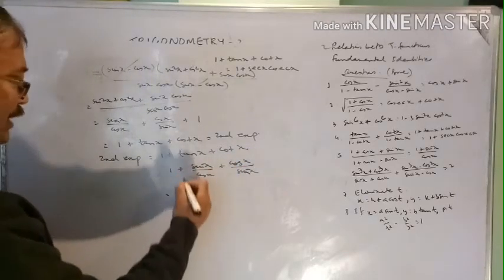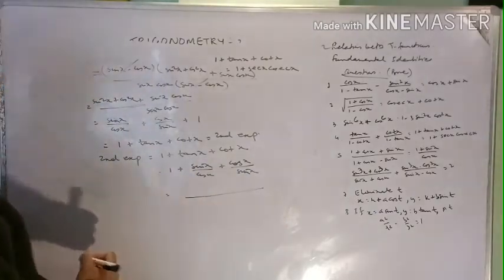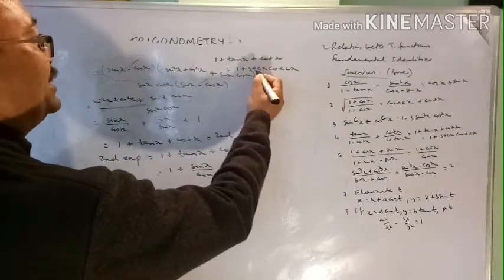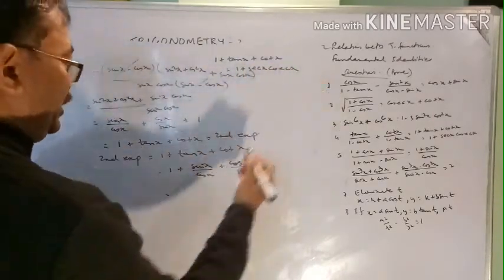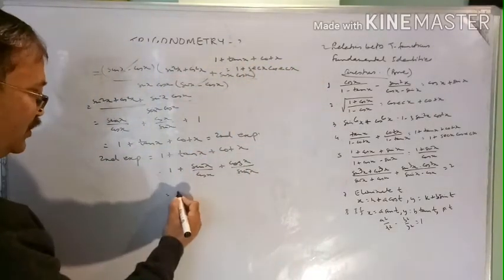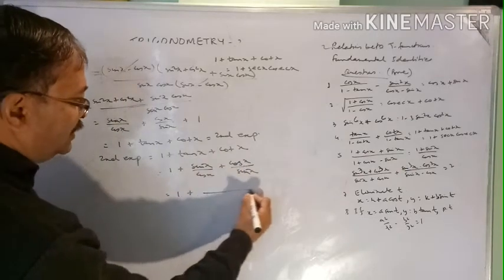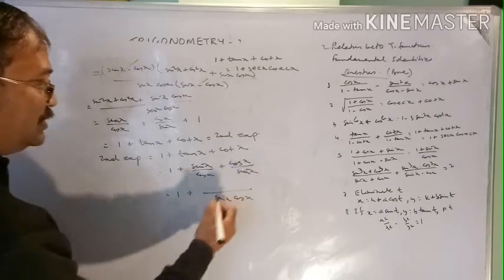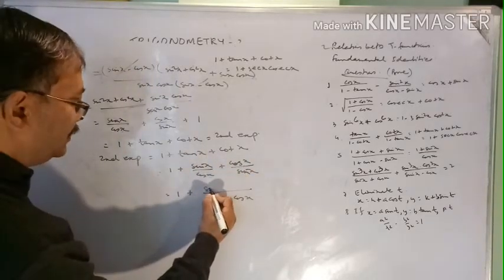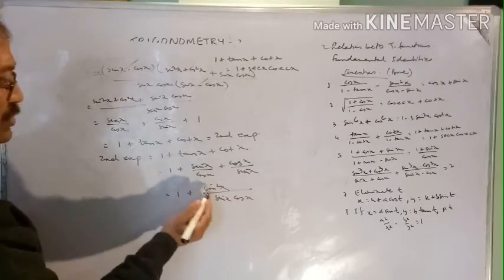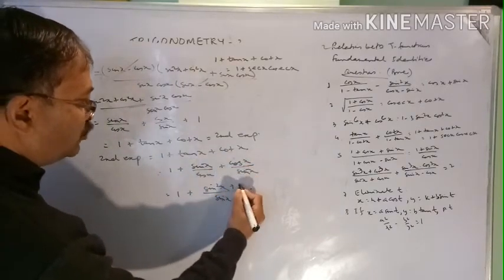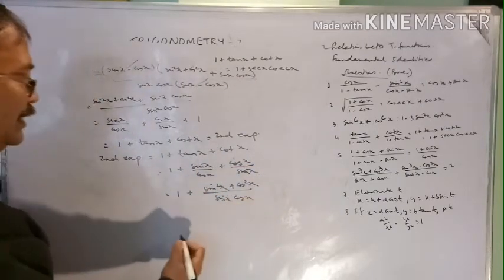Now if you take LCM, 1 is already there, and we need to get sec x and cosec x, so we take the LCM of these two only. So 1 plus, the LCM is sin x cos x, so this will be sin square x plus cos square x, which is 1.